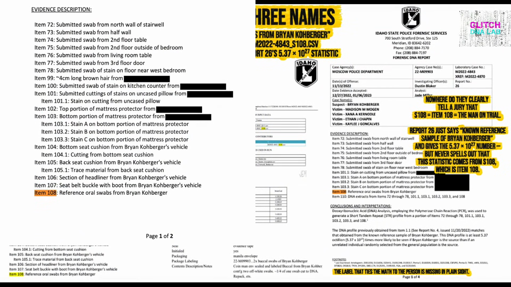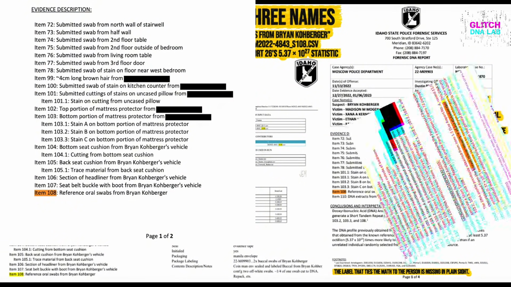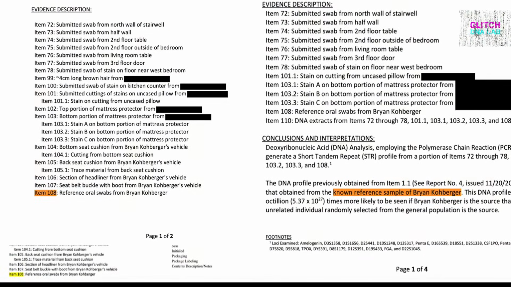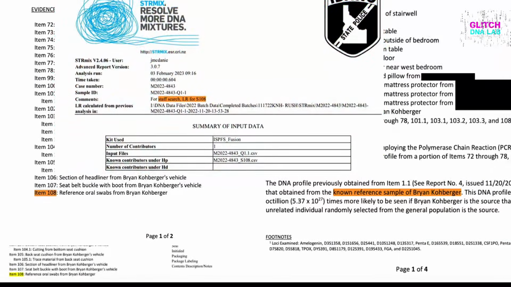It forces the defense and any outside reviewer to reverse engineer that item 108 equals S108 equals known reference sample, instead of the lab saying it plainly. If Kohberger worked there, disclose it. If he didn't, don't call his profile staff search.